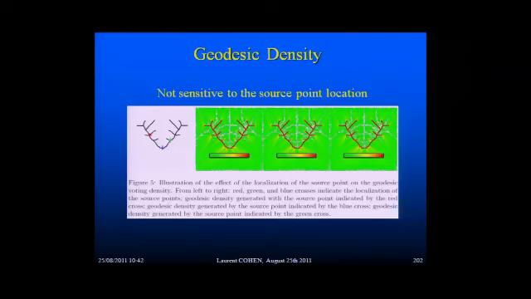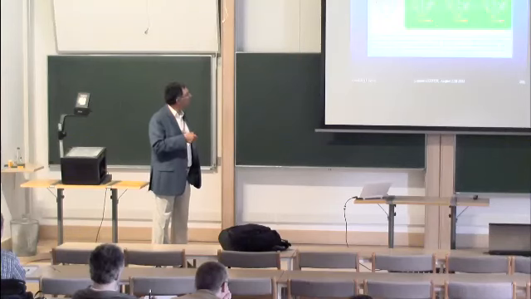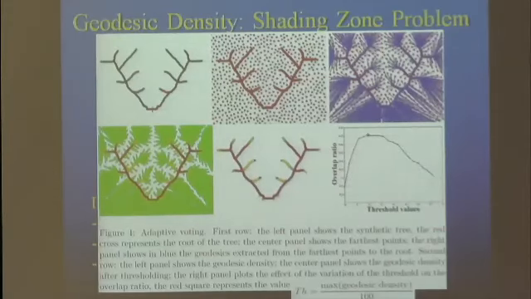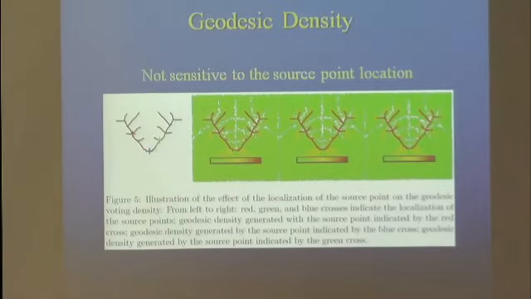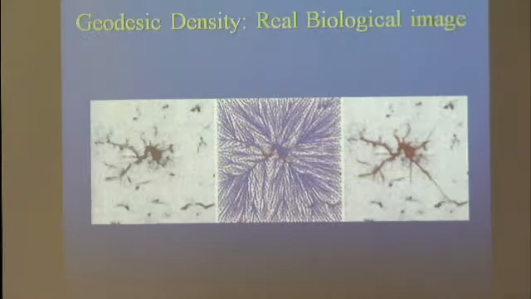One nice thing about this method is that it is not sensitive to the source point. We always say that we have a source point that is chosen. This is the only input given by the user, and this source point can be given at different locations. You see that the voting from these three different source points is exactly the same. So it is not sensitive to the source points, and it will give the same result.